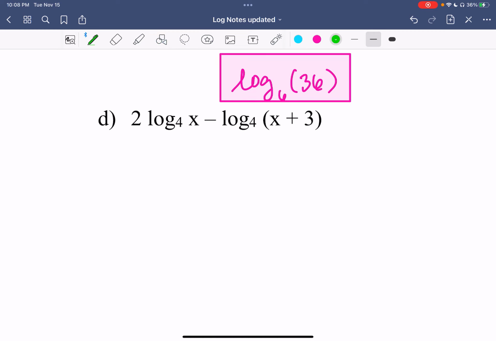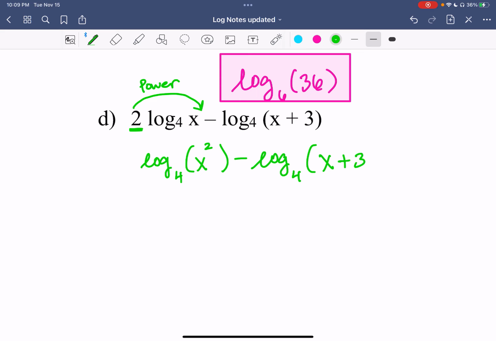Check the bases. They both have base 4, so that's good. You're ready to go. This one is different than the other ones, though. Notice that this one has a coefficient. So you're going to apply the power law and make it the exponent of the argument. So we're going to rewrite this as log base 4 of x squared minus log base 4 of x plus 3.